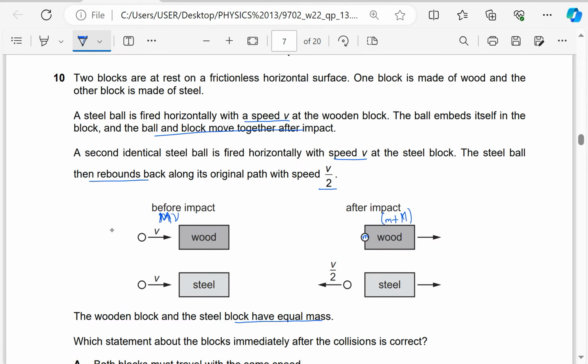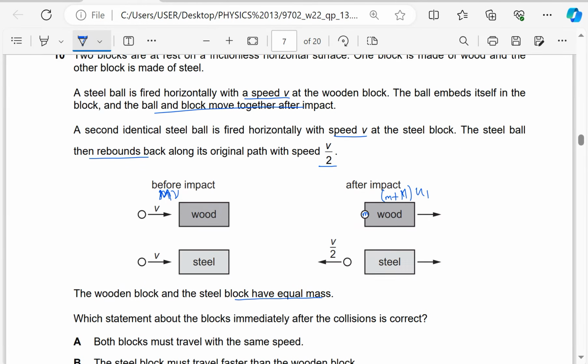I'm going to call this speed U1, because v has already been taken. By conservation of momentum, m times v is the same as m plus capital M times U1, which means U1 is equal to m over m plus capital M, times v.